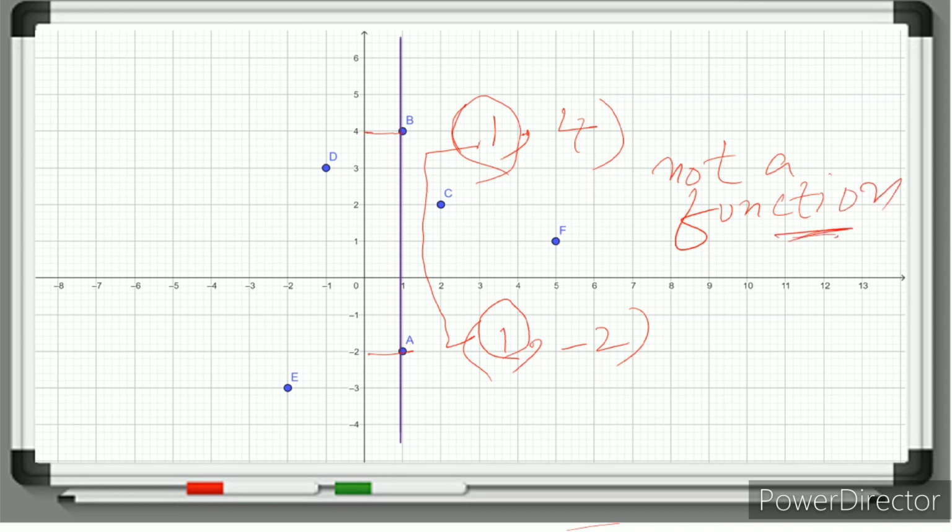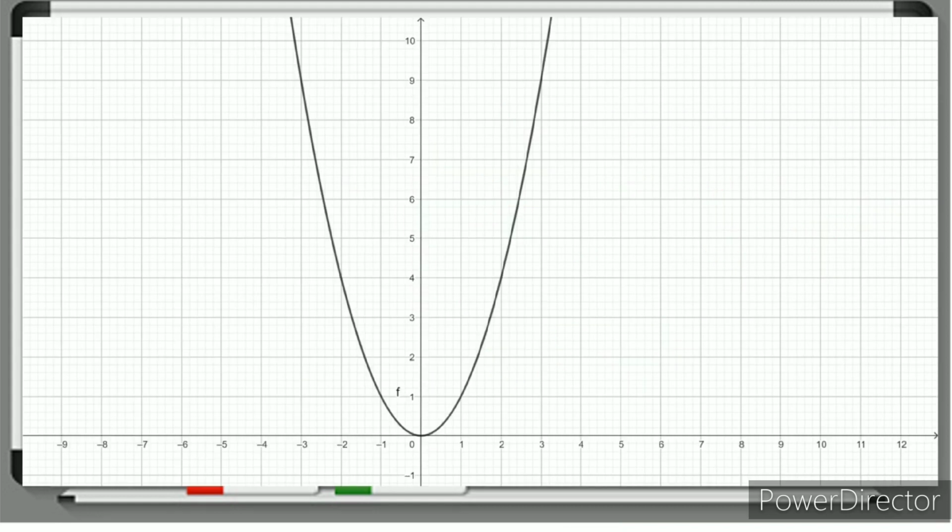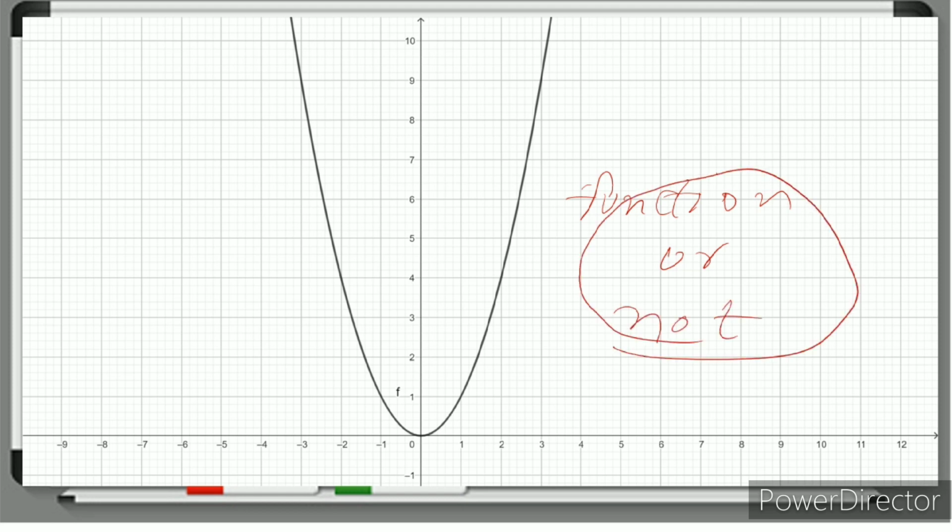Now boys, we will move to the next graph. We have to find whether this given graph is a function or not. It's very clear it's not a straight line.